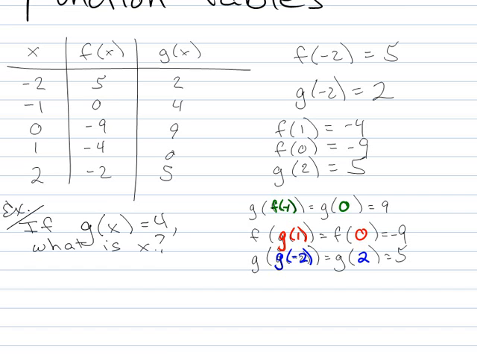Okay, to solve this kind of problem, you're going to look in the g of x column and say, where's my 4? Here's my 4. So if g of x is 4, x is going to be negative 1. Okay, you see how we got that?